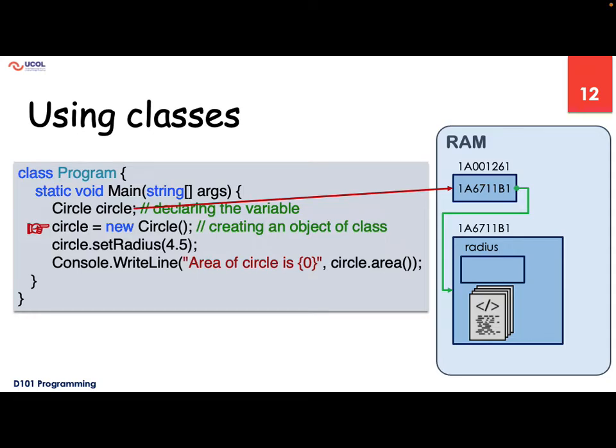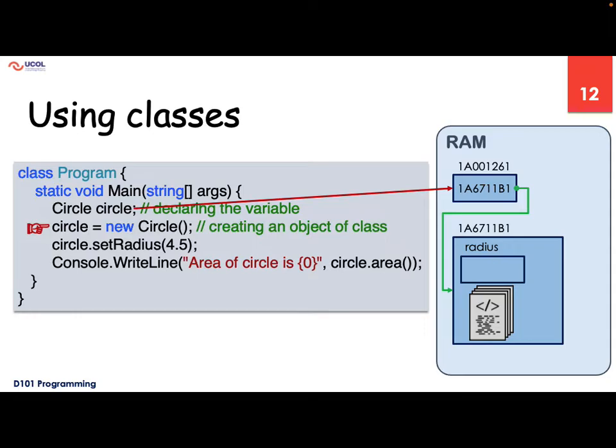It will reserve a memory area. Why? Because there is a radius variable, and then we have the methods here. So this is a class object which has been created inside the RAM. Now it is an object. Class is a blueprint, and this memory area, which is now inside the RAM, is the instance.